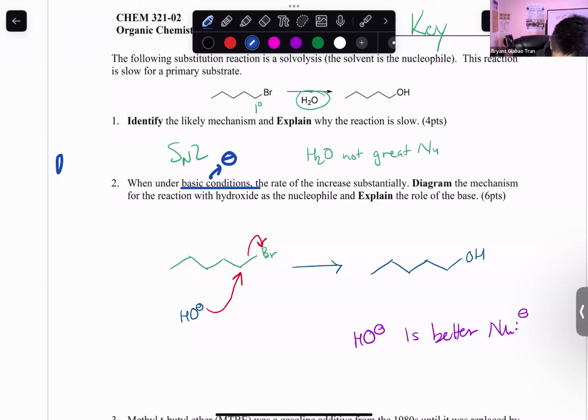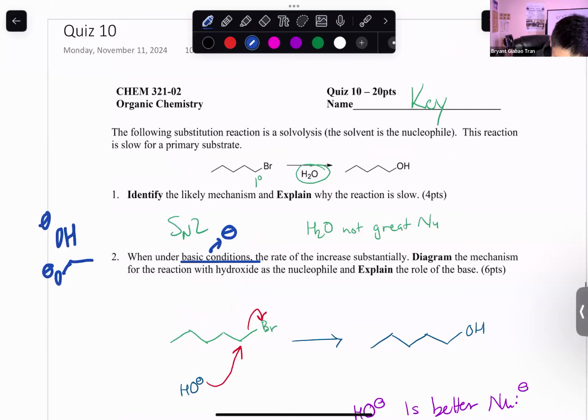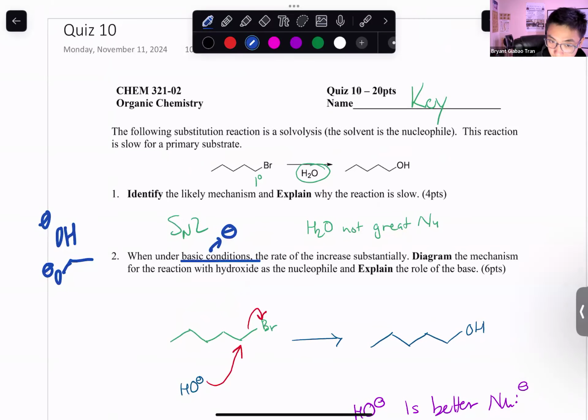Like if you think of bases like OH minus, OR minus, those are negatively charged molecules. Acidic conditions, we have a positive charge environment, like H3O plus hydronium ion. Even if it's neutral, like H2SO4, there's partial positive hydrogens floating around. So basic conditions, negative. Acidic conditions, positive.